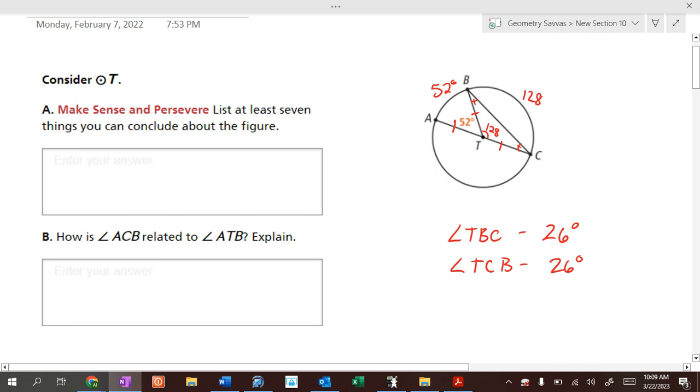They're each 26 degrees. Which brings us to what we're going to be talking about today. How does this 26 degrees relate to 52 degrees? It's half of it.